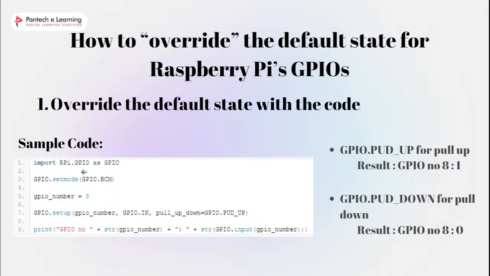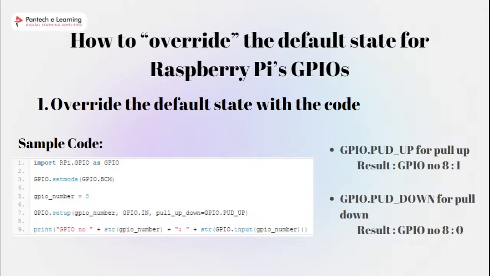Using this RPi.GPIO Python module, you can choose to make the internal resistor a pull up or a pull down resistor for any given GPIO. Here is a sample code. To choose the internal resistor, you have the setup function with which you make it pull up or pull down: GPIO.PUD_UP for pull up, and GPIO.PUD_DOWN for pull down.